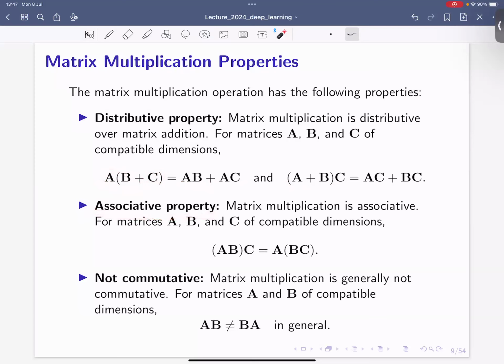So you can, again, multiply these three matrices, and it doesn't matter if you first multiply AB or if you first multiply BC. However, what is extremely important is that matrix multiplication is not commutative. So if you do A times B, in general, this is not the same as B times A. This is, for instance, true for diagonal matrices, but in general, it is not true.